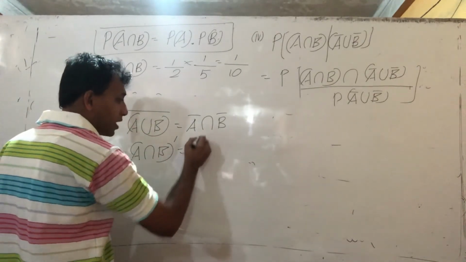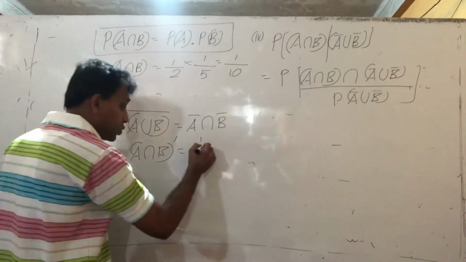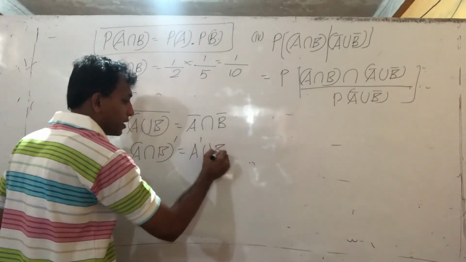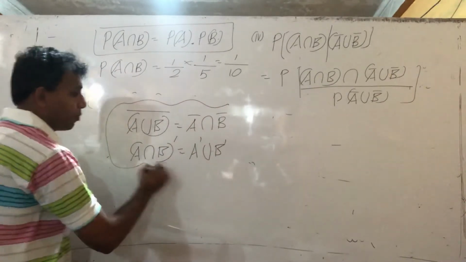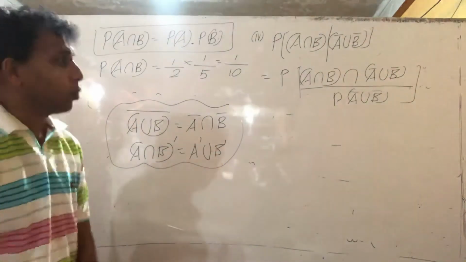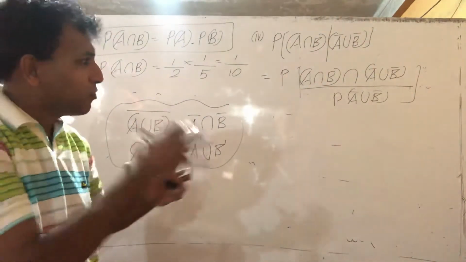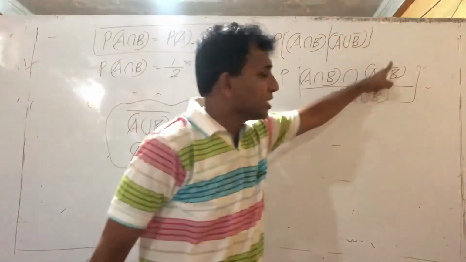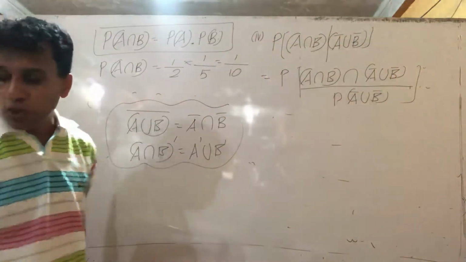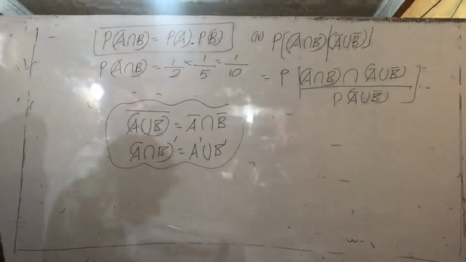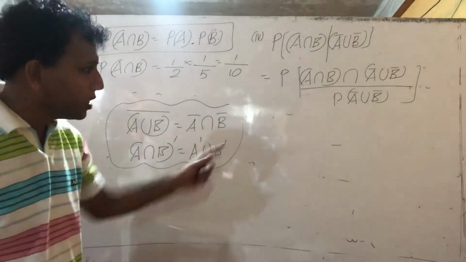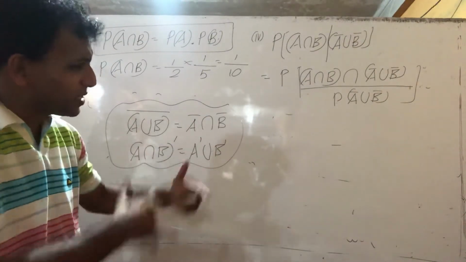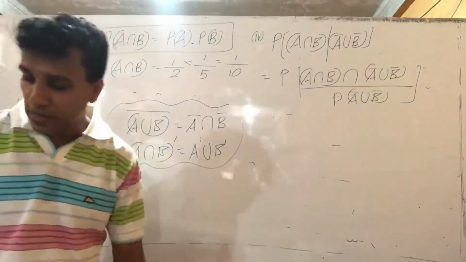A bar or A complement, union B complement. Okay, very important, De Morgan's law. Now I want to show something simplified with that knowledge. I will change the A bar union B bar pattern using De Morgan's law, or otherwise by any method you can get the answer.